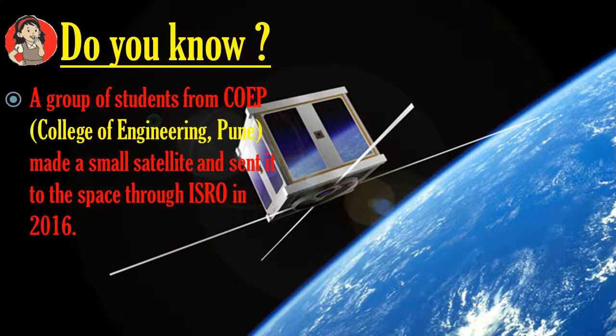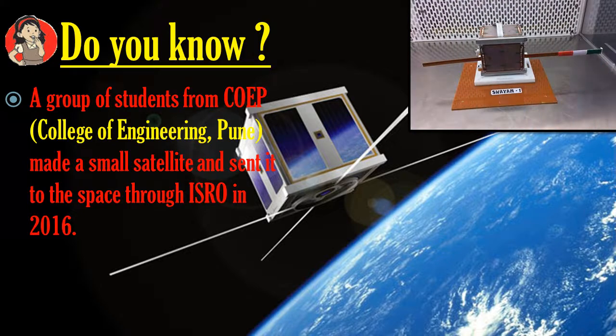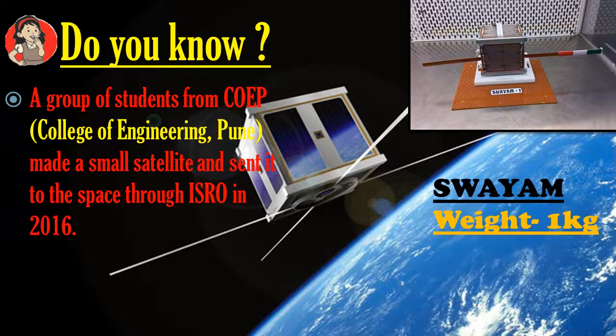Do you know, students, a group of students from COEP, the College of Engineering in Pune, made a small satellite and sent it to space through ISRO in 2016. The name of the satellite is Swayam, and it weighs around 1 kg.